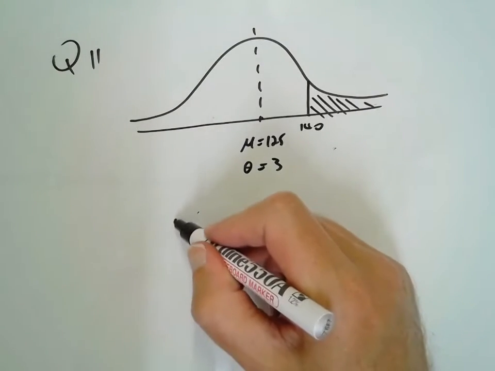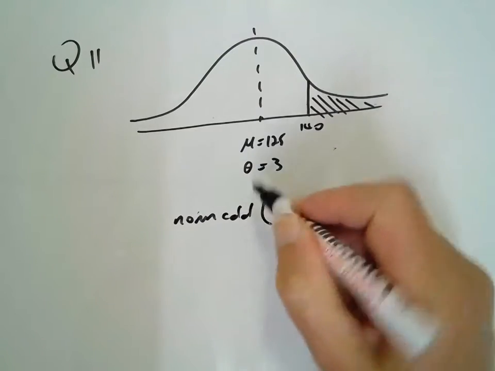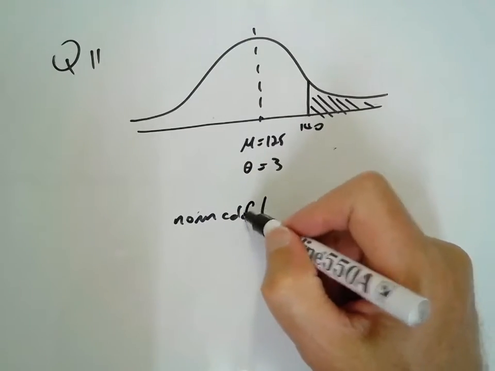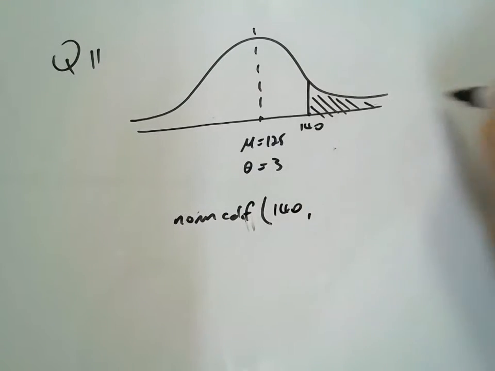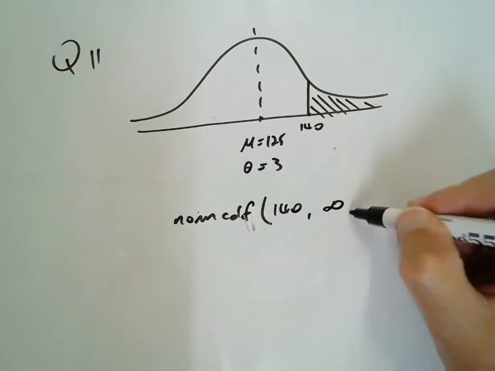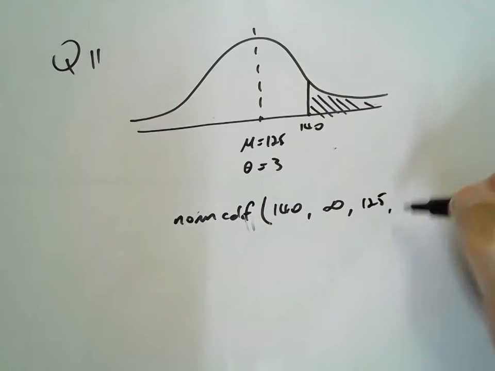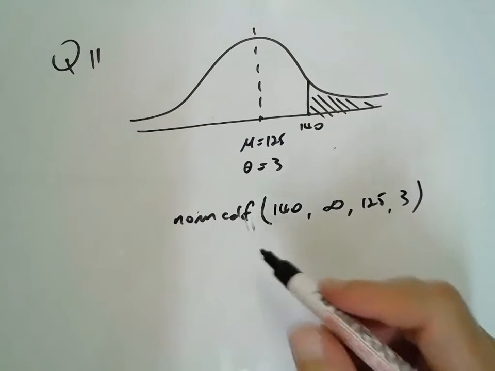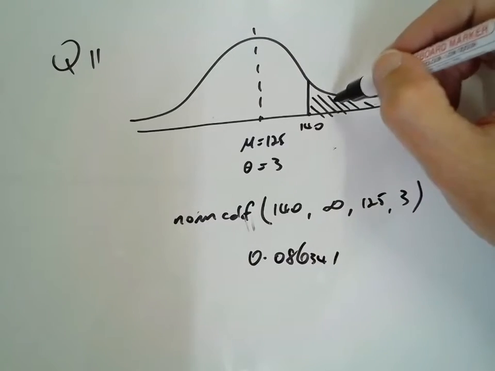So, norm CDF. Oops. What's our minimum boundary? What's our maximum boundary? Infinity. What's our mean? And then our standard deviation. Straight in the calculator, we get 0.086341.